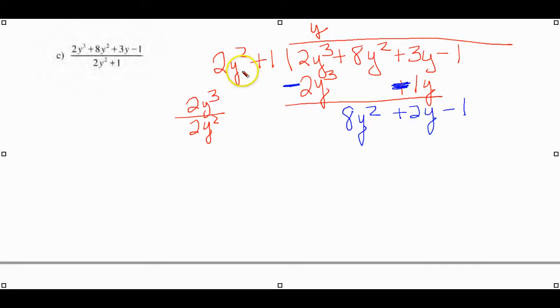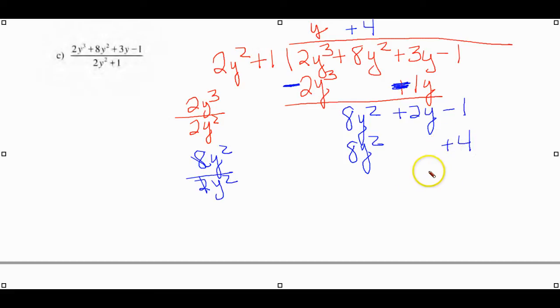Now, 2y squared goes in the how many times? Well, we're not sure, so we'll do it this way. These cancel out, and this goes 4 times. So we put a plus 4 up there. Now, 2y squared times a plus 4 is 8y squared, which is what you're looking for. 1 times 4 is a positive 4 that we put in this column.